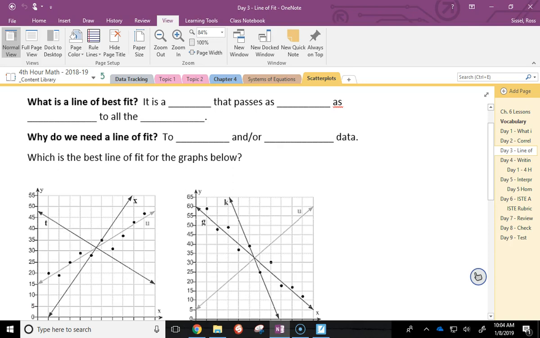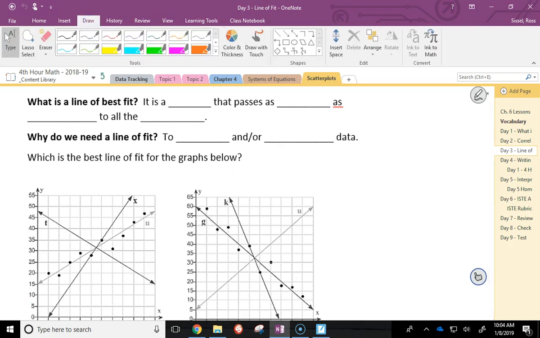It is a line that passes as closely as possible to all points. Once again, a line of best fit is a line that passes as closely as possible to all the points.